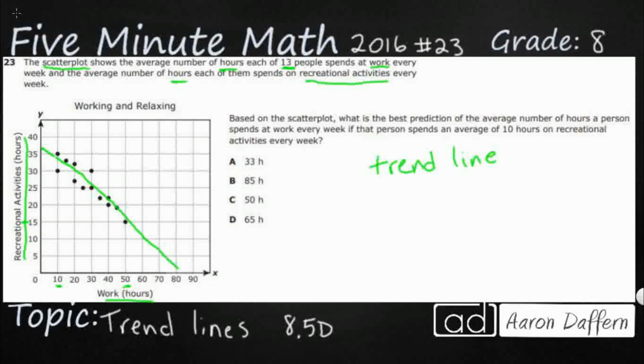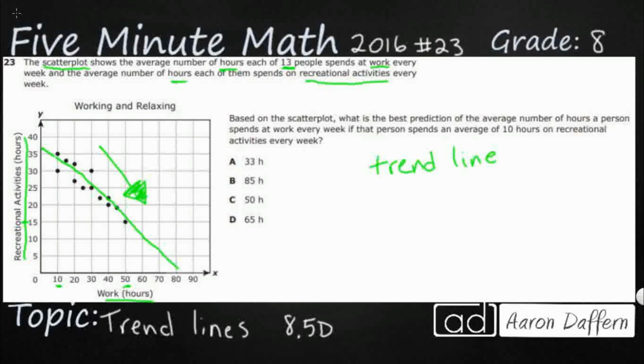It looks like it curves just a little bit, but I was trying to find that pattern. All right, so we've got a little trend line there. It's following a pattern, and it definitely slopes down, which makes a lot of sense, right? The more work hours, the less time you have for recreation.